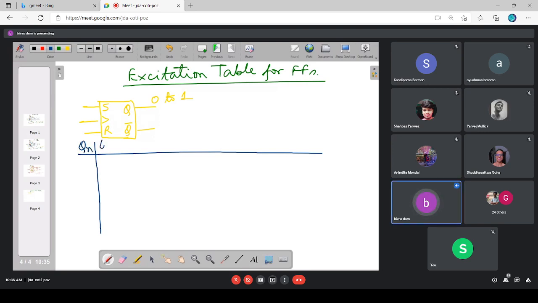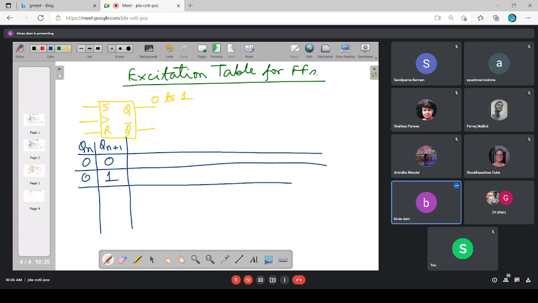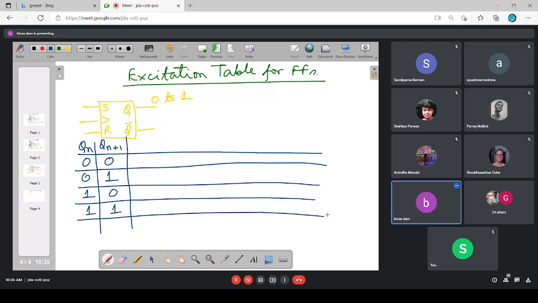This is the previous state. This is the next state. The previous state was 0.